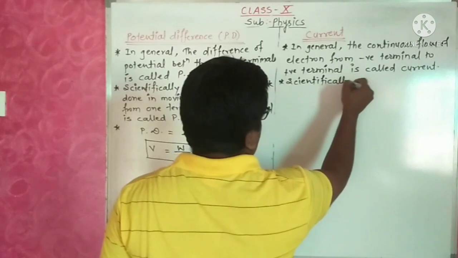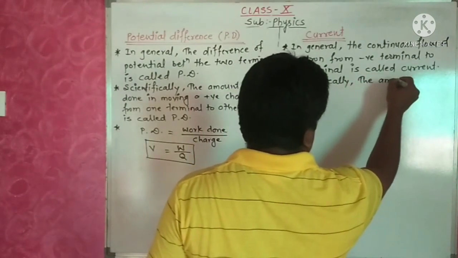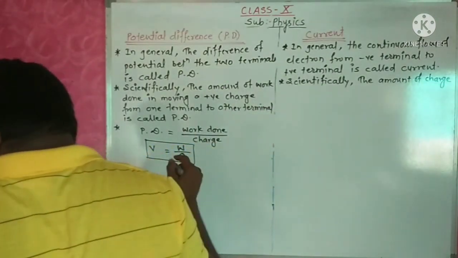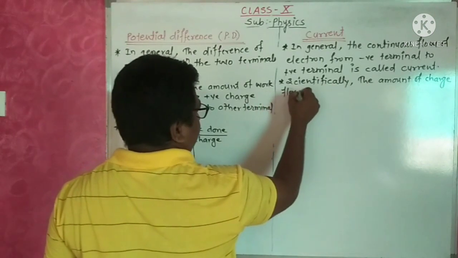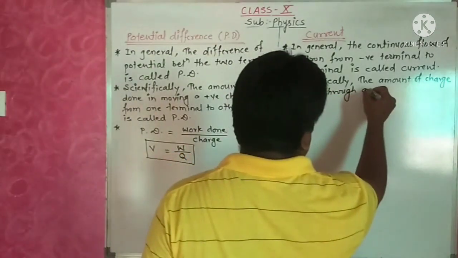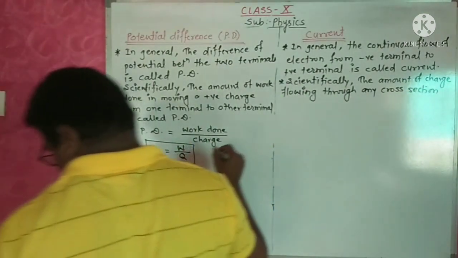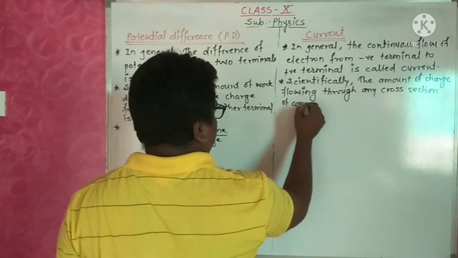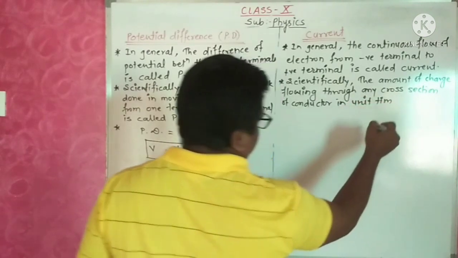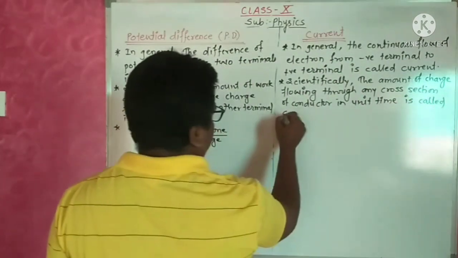Scientifically, the amount of charge flowing through any cross section of conductor in unit time is called current.